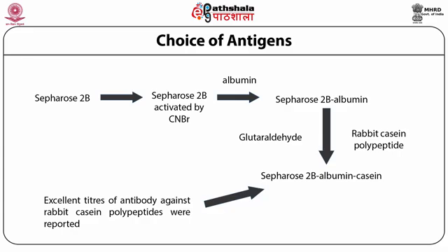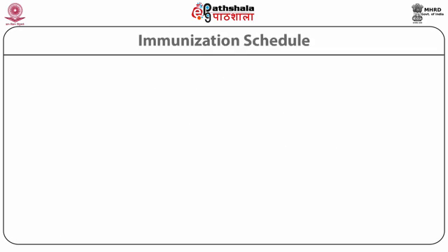The cross-linking between the rabbit casein polypeptide and albumin can be created by linking free amino groups present on the two proteins via glutaraldehyde, which acts as a cross-linker. Finally, you get this Sepharose 2B albumin casein as a conjugated antigen.